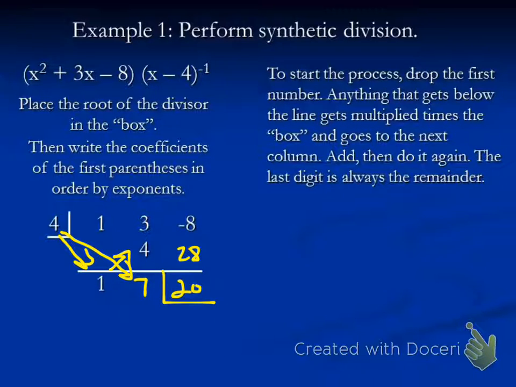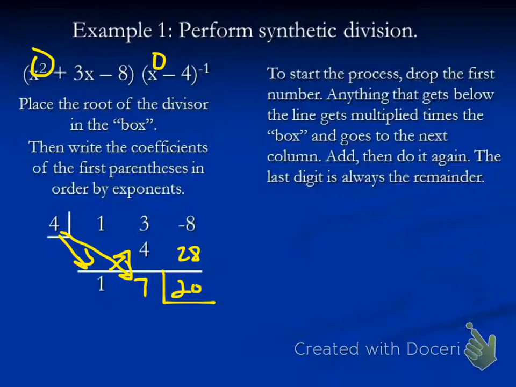Okay? So the solution is always going to start with, because I'm dividing a second degree polynomial by a first degree polynomial, the answer, the quotient, is always going to be 1 degree less than your dividend.